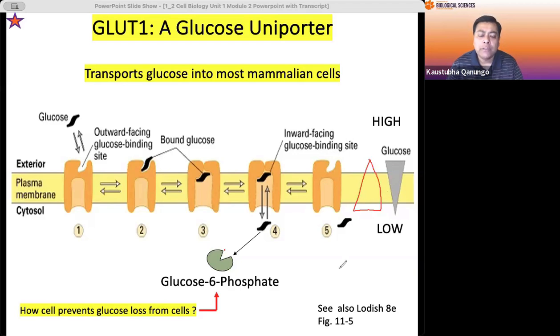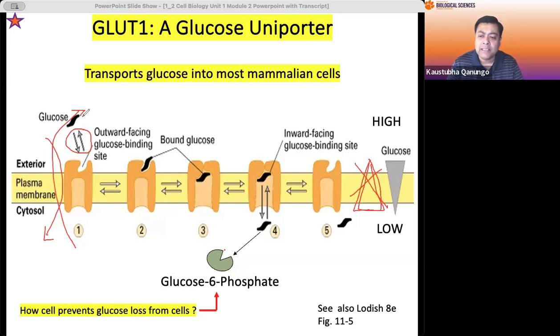How does the cell actually prevent this condition, because the uniport works both ways? Remember that the uniport works both ways. That means they are used to bring glucose in here, but if the concentration is reversed like this, they will move material from inside to the outside.